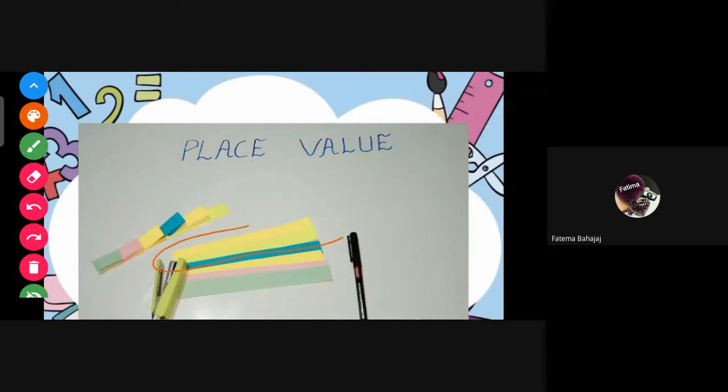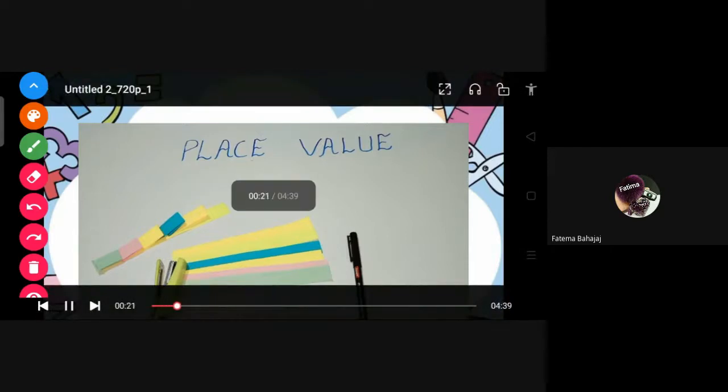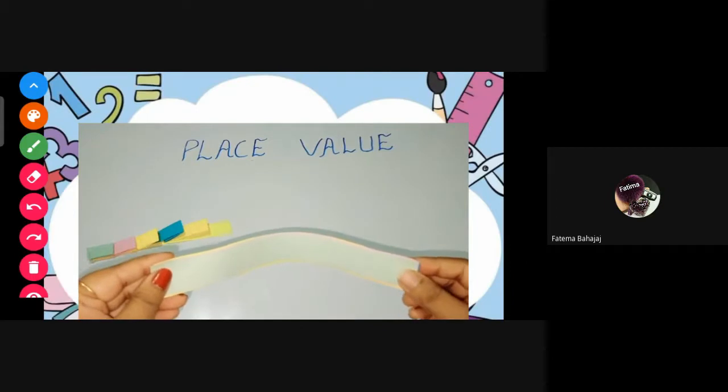So how many strips did you understand? 6 strips you will need. Now I'm showing how you will arrange these strips, how you will stick them, everything.